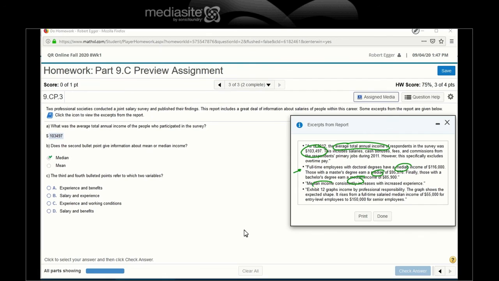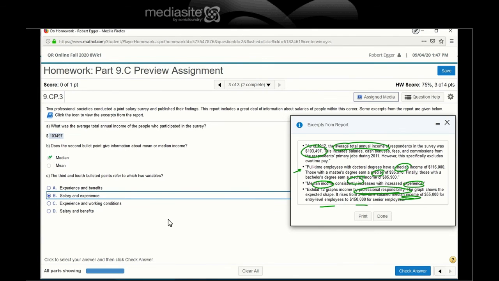It looks like we're talking about income and experience. Again, income. Responsibility, but that kind of implies experience too. No benefits were mentioned. Nothing about working conditions. Nothing about benefits. So again, it has to be salary and experience.